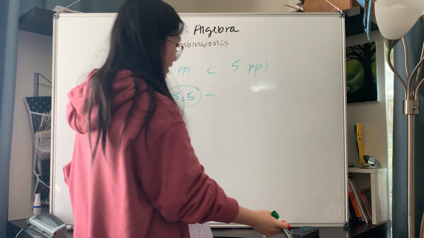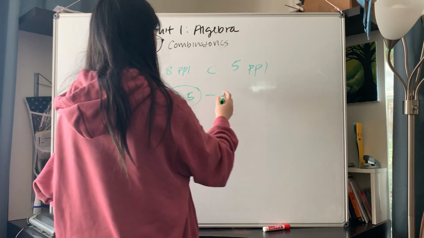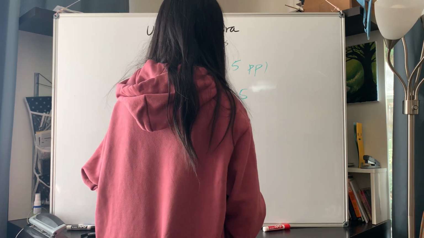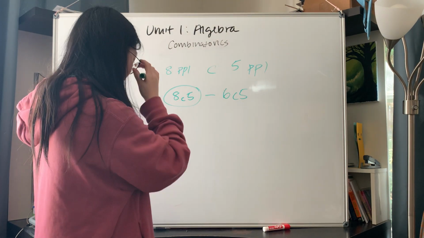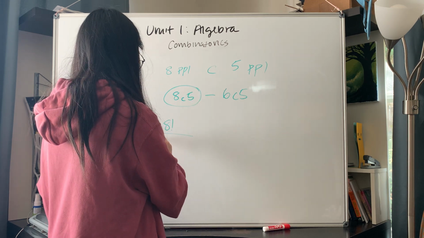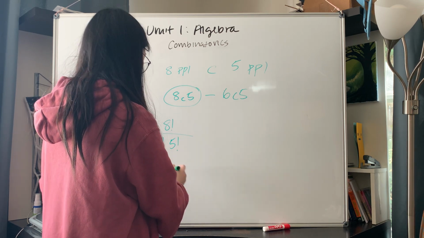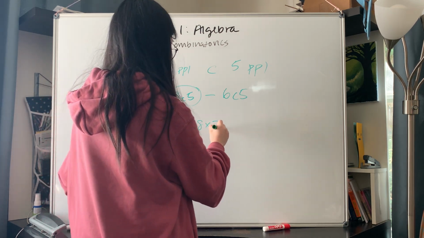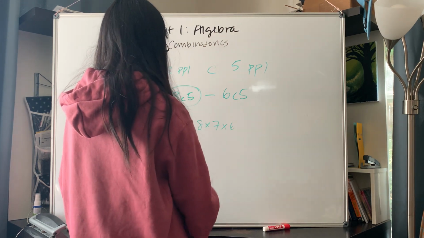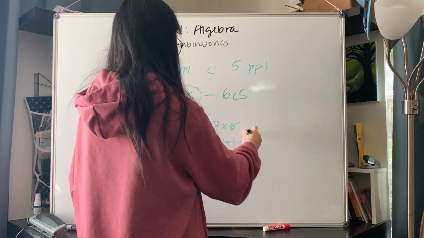Okay, so if Felix and Candace are out of the group of people, then we have 8 choose 5 minus 6 choose 5. The calculation for 8 choose 5 is 8 factorial divided by 8 minus 5, which is 3 factorial, divided by 5 factorial. That's equal to 8 times 7 times 6, since the 5 factorial cancels, and then we're dividing by 3 factorial, which is 3 times 2 times 1, equal to 6.